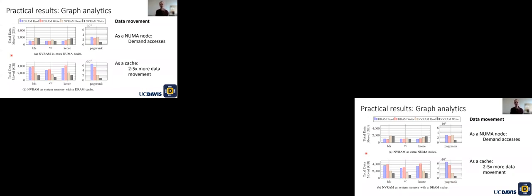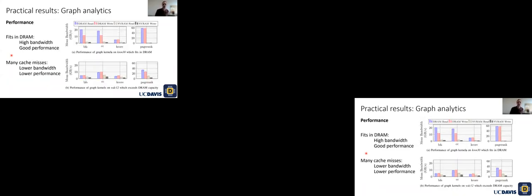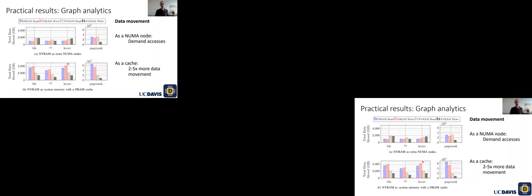So when we use it as a cache, not only, as we saw here, did we get significantly lower bandwidth out of our memory system, but the algorithm actually required a lot more data movement. So there's a significant reduction in performance when we use this DRAM as a cache instead of using it more smartly.